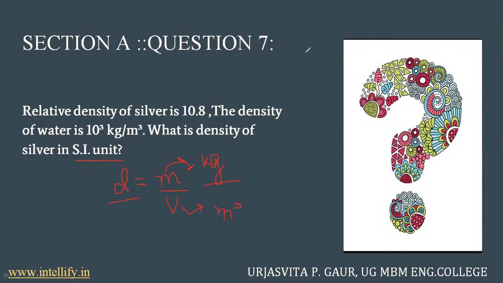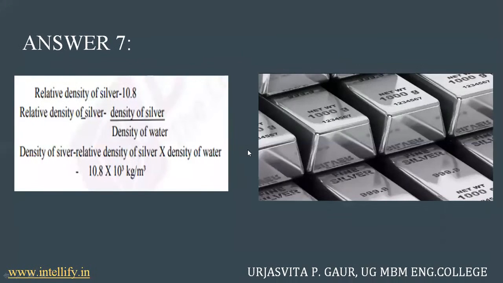So now we can move on to the calculation part. Here the relative density of silver is given to us to be 10.8, and the relative density of silver is also given to be the density of silver over the density of water. This is the formula for the relative density of silver. So the density of silver is nothing but the relative density of silver into the density of water, that has been given to us to be 10 to the power 3.